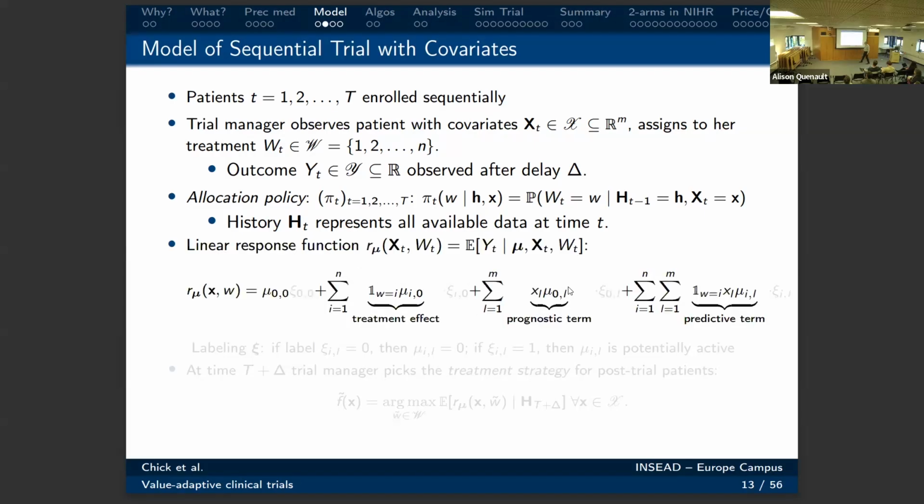I'm going to assume a linear response function, as we often do. So the expected value of the outcome will be some linear regression model, including treatment effects, prognostic terms, and predictive terms.